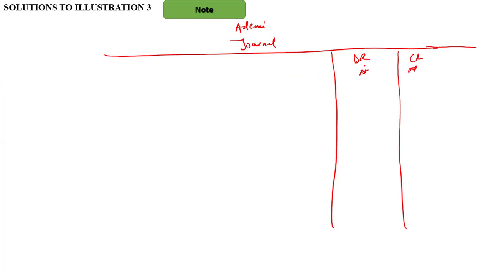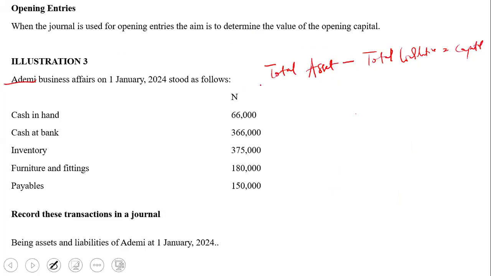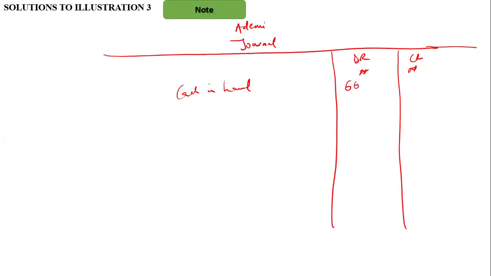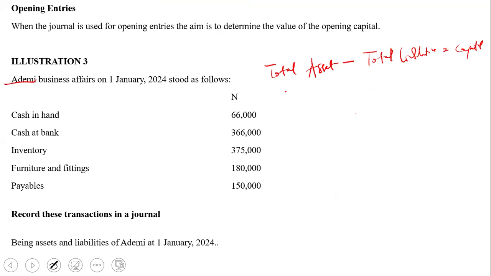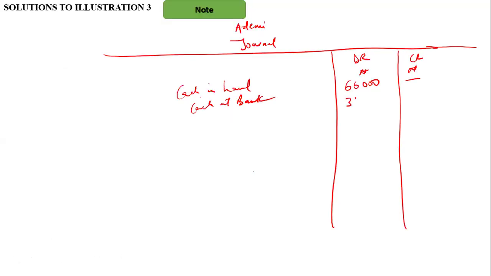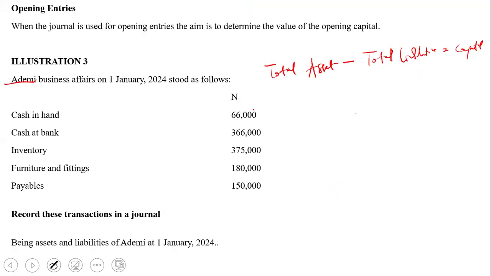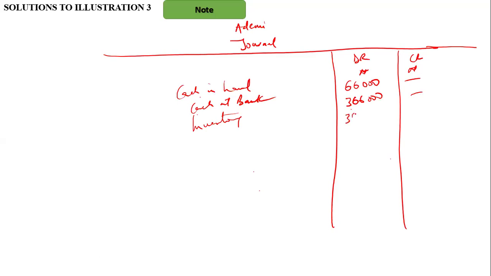We will record all the assets first. We have cash in hand. How much? 66,000. We have cash at bank, which is 366,000. What else do we have? We also have inventory, which is 375,000.